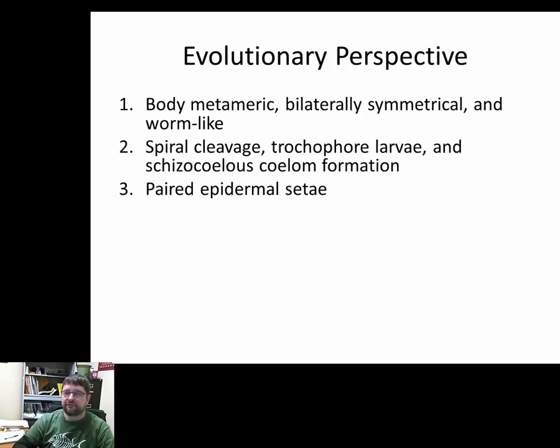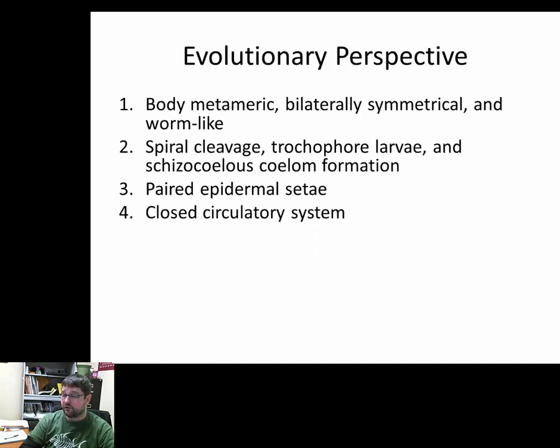They have epidermal setae, which are small projections that allow them to move through either the water column or a terrestrial environment. And in some of them it's secondarily lost, so some of them don't have it.